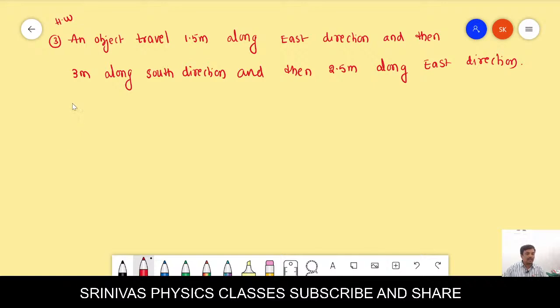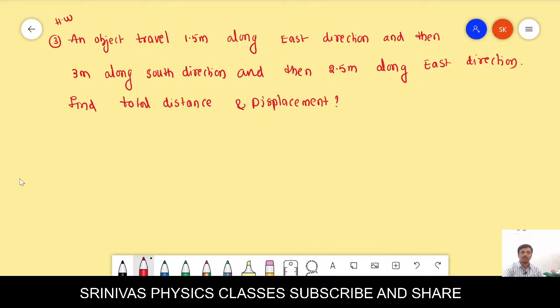Find the total distance and displacement. What is the total distance and what is the total displacement? This is our question. Okay, right.